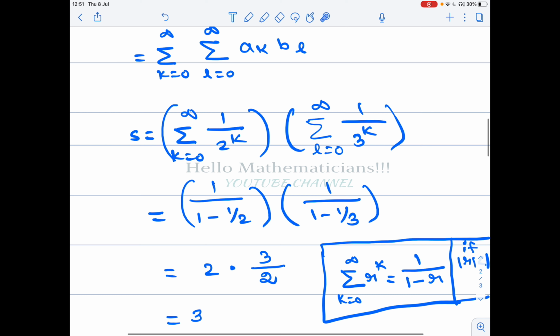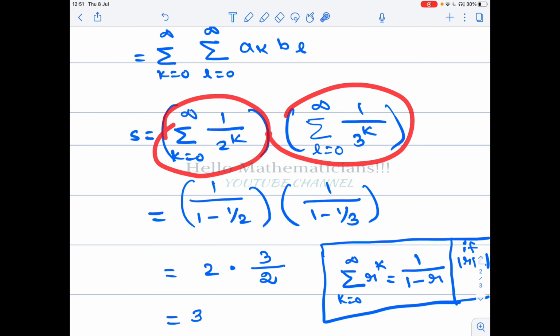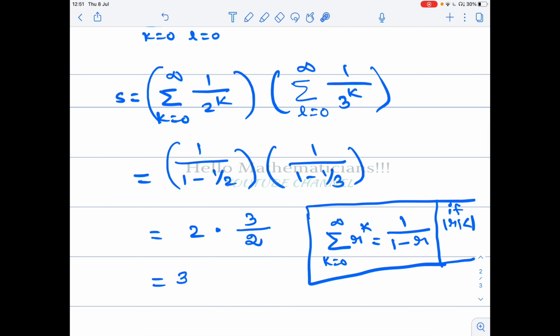We know the result that the summation of r power k, k from 0 to infinity, converges to 1 by 1 minus r if the modulus of r is strictly less than 1. Here r is 1 by 2 in the first series and 1 by 3 in the second. Clearly, the r value is less than 1.